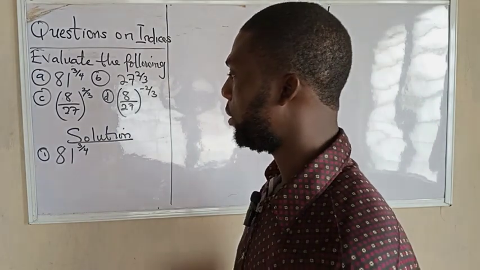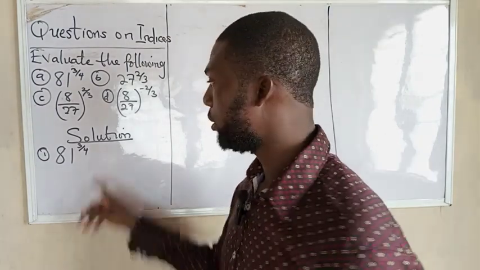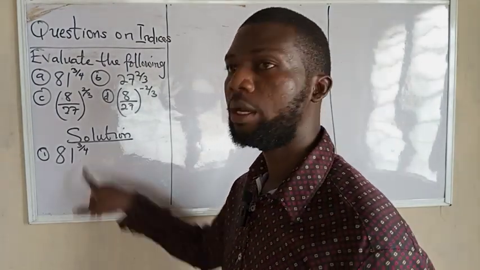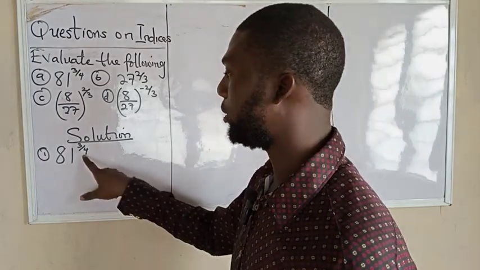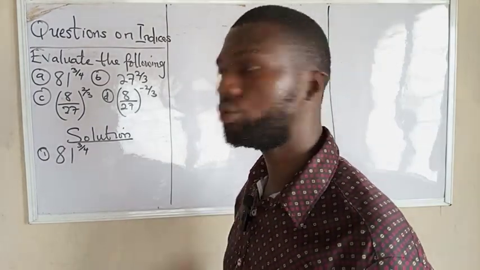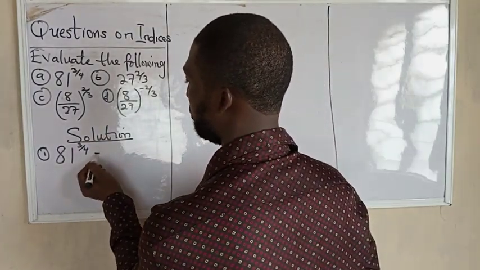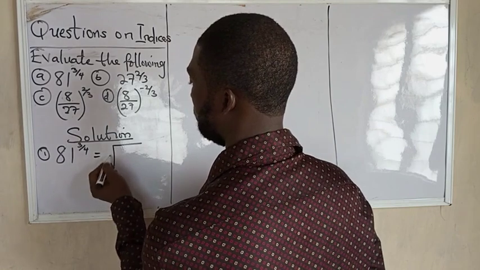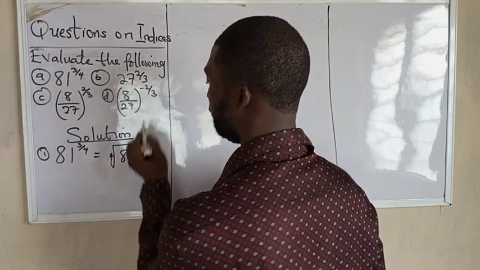Now, from this, we can see that the numerator is 3, the denominator is 4. This 4 here has made us to know that it is talking of what? The fourth root of 81 to the power 3, which is equal to the fourth root of 81 to the power of 3.